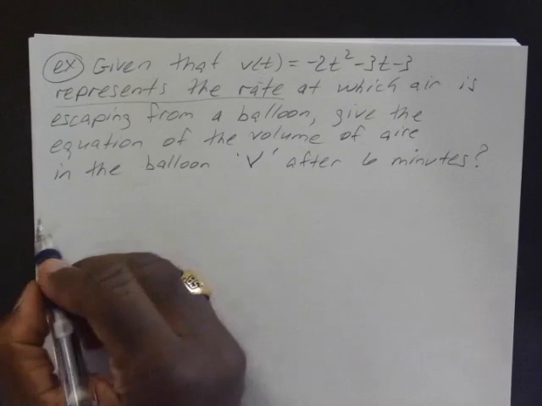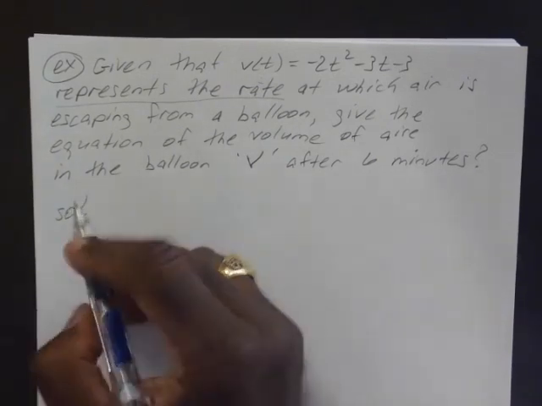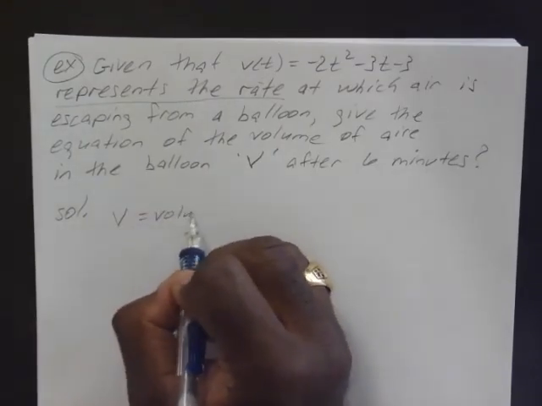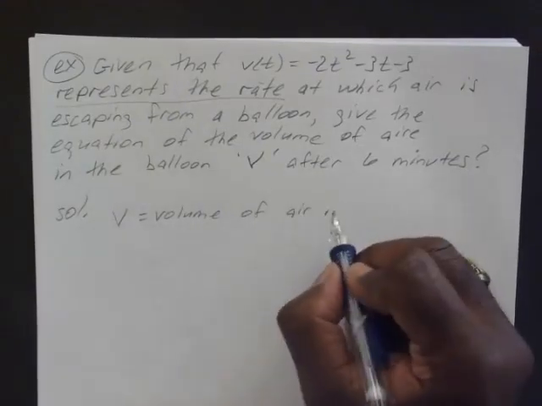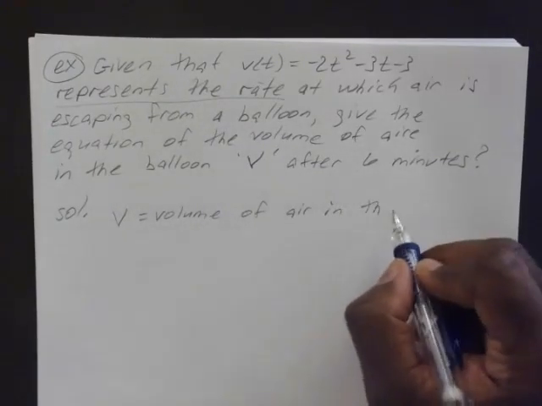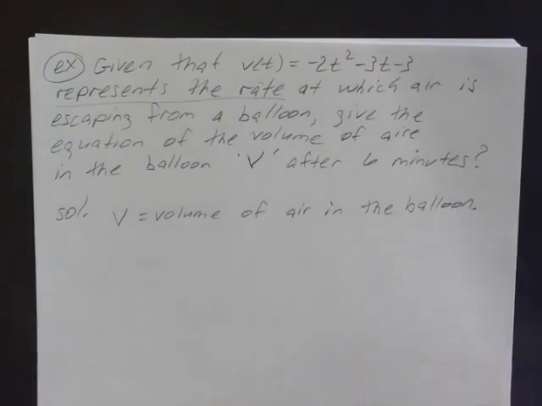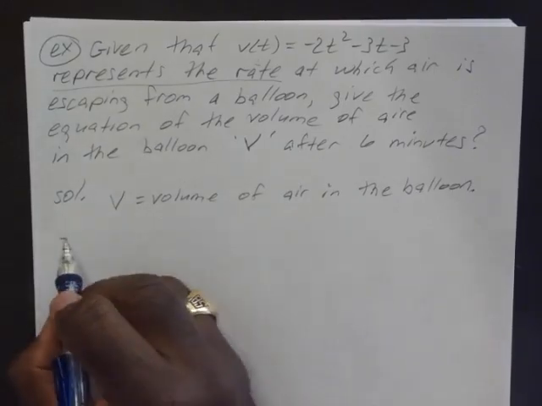Okay, so we know here, just from what's given to us, that V is the volume of the air in the balloon. So we're looking for the volume after 6 minutes.